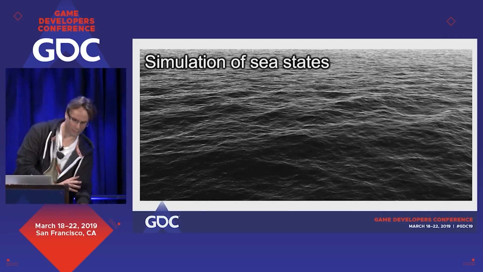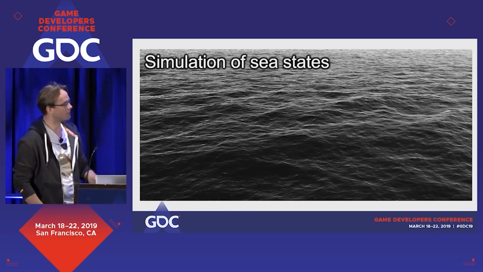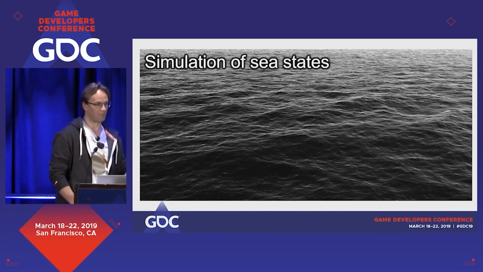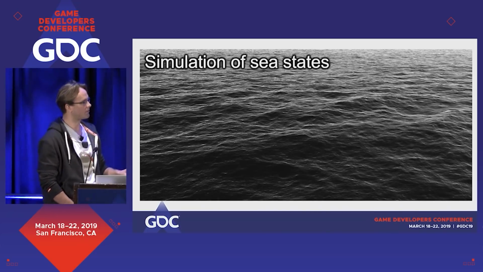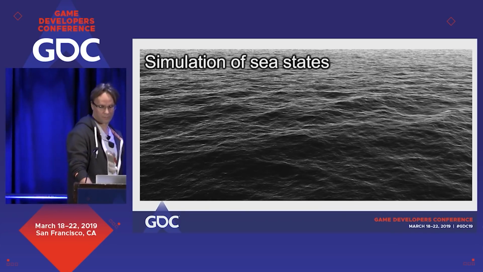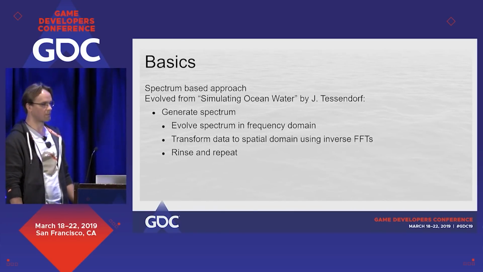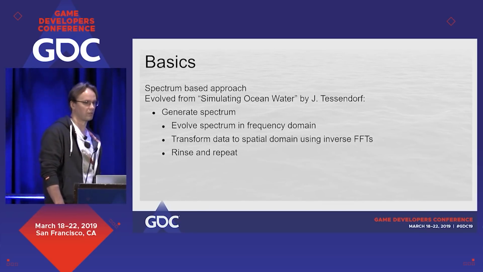In order to keep you guys not distracted by the rendering, this screenshot and the following screenshots are just black and white. So it's just the Fresnel term rendered, so you can focus on the displacements. We start with the simulation of the sea states. We use vanilla spectrum-based approach evolved from famous Tessendorf's paper called Simulating Ocean Water.